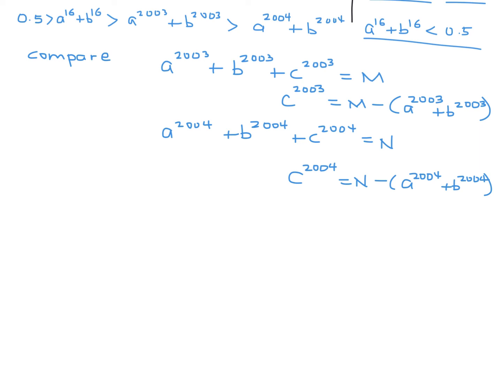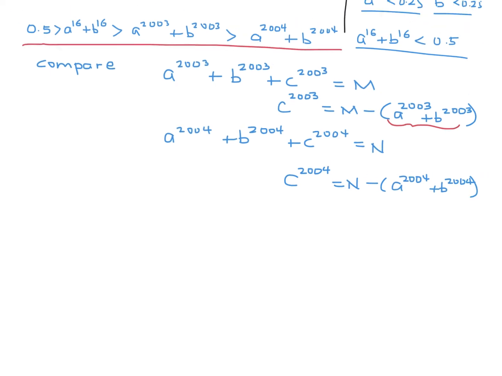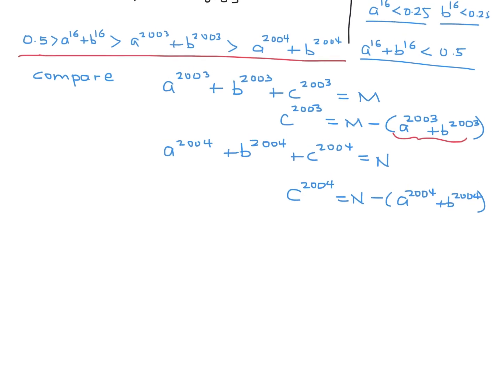Now, we've got m and n, and we have to talk about what we have to conclude. This part right here, we can conclude from this big long inequality, is less than 0.5.